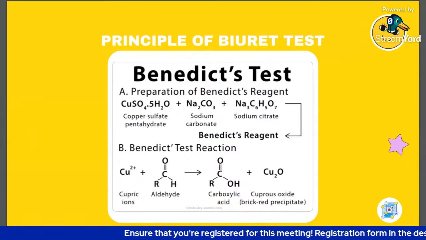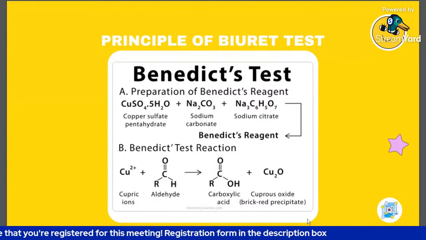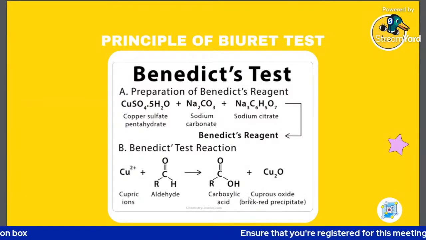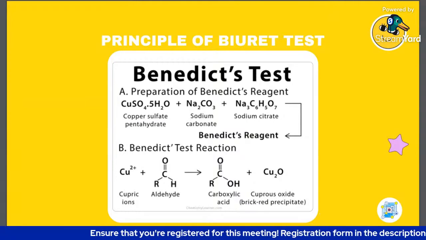The cupric ions are reduced to copper 1, which is in the cuprous oxide, and your aldehyde is oxidized to a carboxylic acid. So we can see the redox reaction that is taking place in the test.